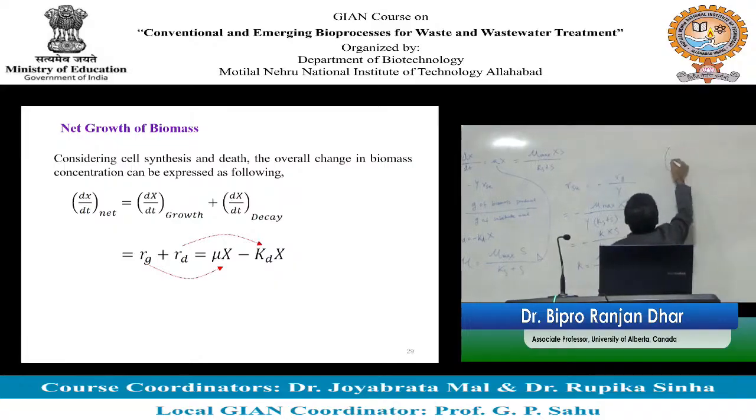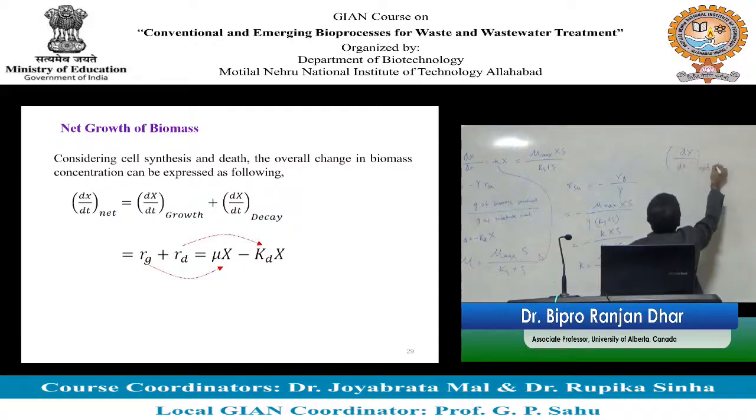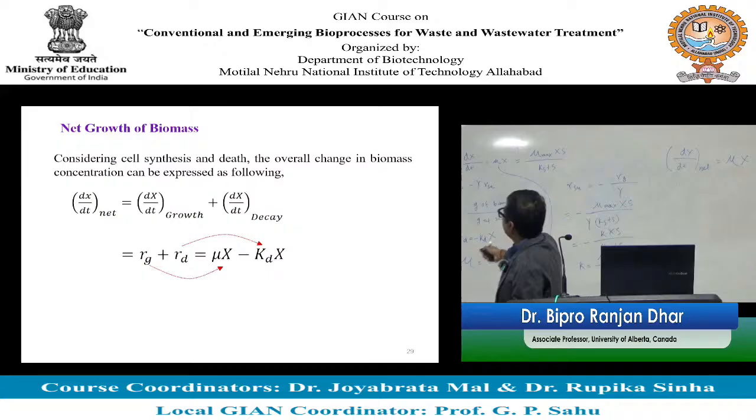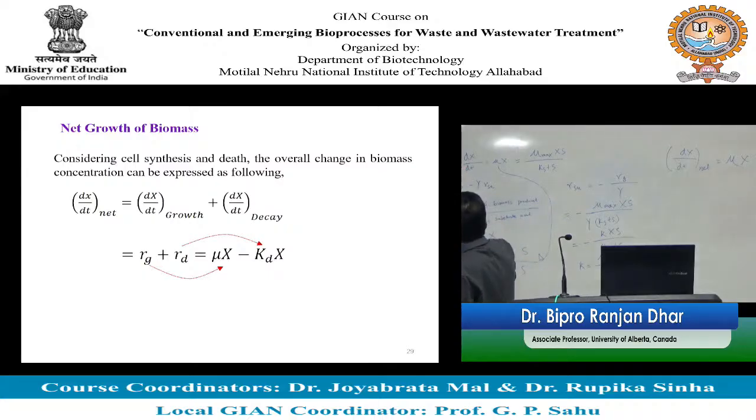So dx by dt net is going to be mu max x minus kd x. So basically we have this equation, and then we have this one, Rg and Rd.